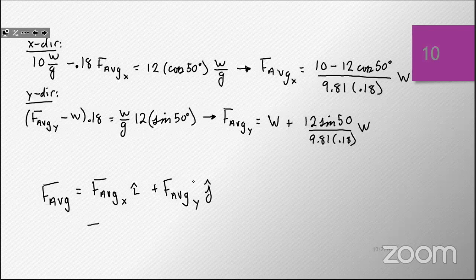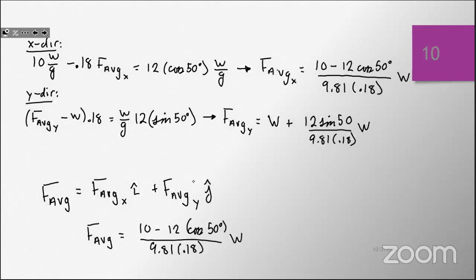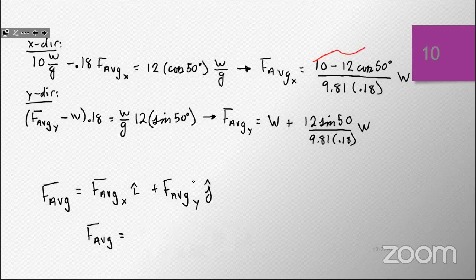So it would just be 10 minus 12 cosine 50 degrees divided by 9.81 times 0.18. That's a weight in the i direction. So rather than write all that out, let's do it this way. This whole thing right here, if you do the math out, what do you get?